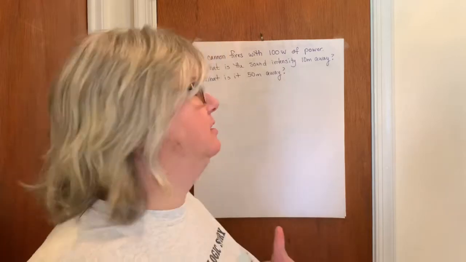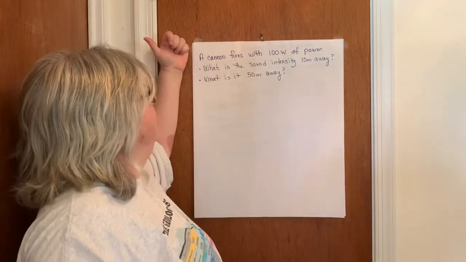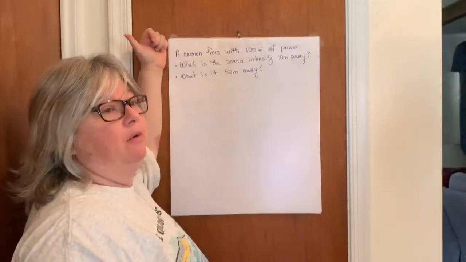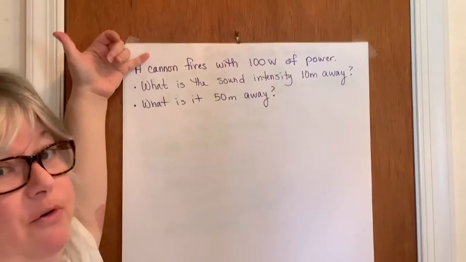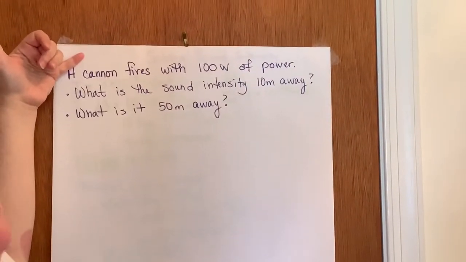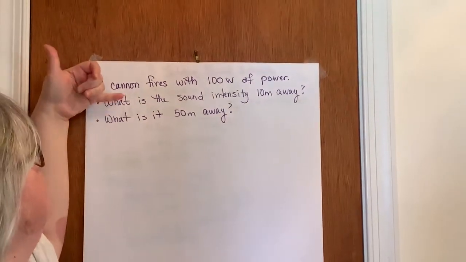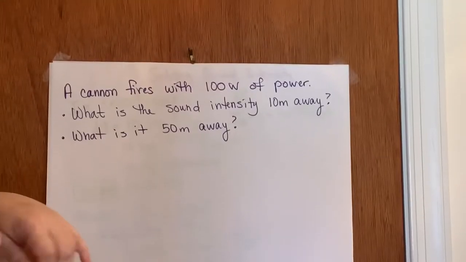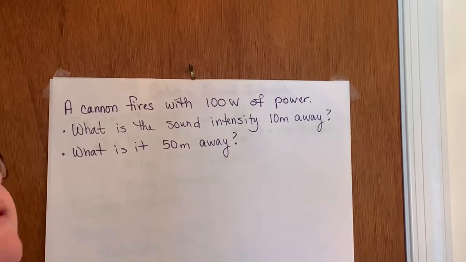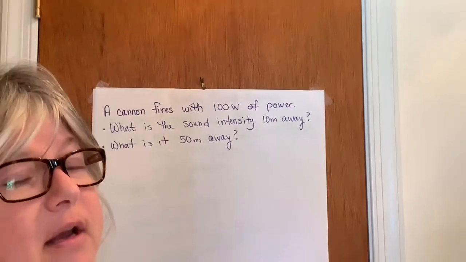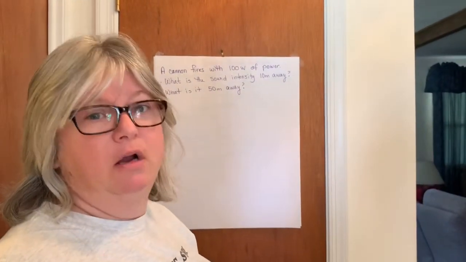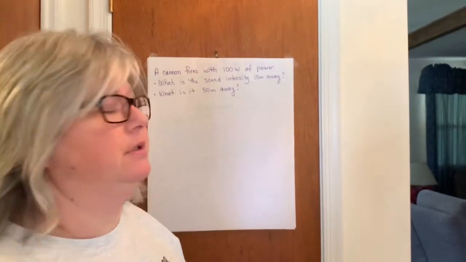So let's take this problem here. A cannon fires with 100 watts of power. That's a lot of power for a sound wave, but cannons are pretty loud. What is the sound intensity 10 meters away? And then what is it 50 meters away? That's so we can compare the two sound intensity levels.